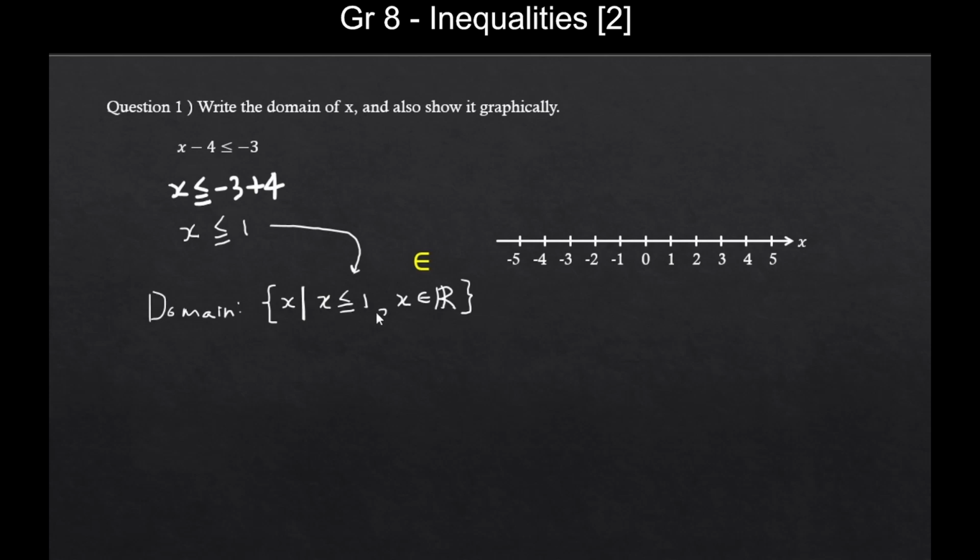Then lastly, we also mention what type of numbers this x could be. So domain is like a profile of x. It gives us information about x. And yes, for writing a domain, we usually use these pointy brackets.